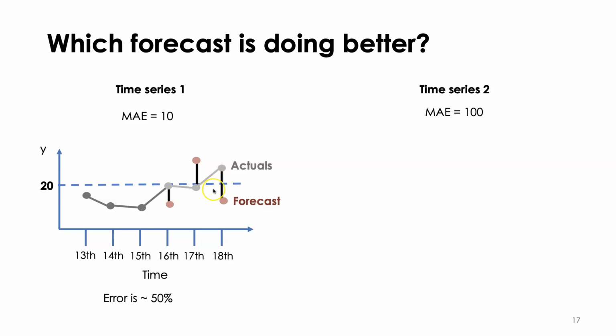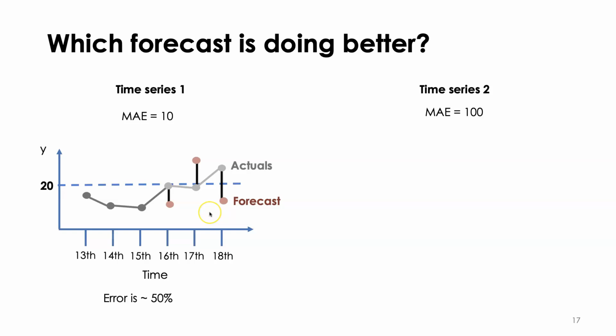But what happens when we look at the scale? For time series 1, the average value of the time series in the forecasting horizon is roughly 20, and so a mean absolute error of 10 is roughly 50% of the average value.